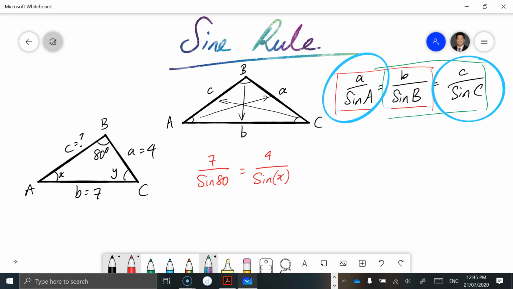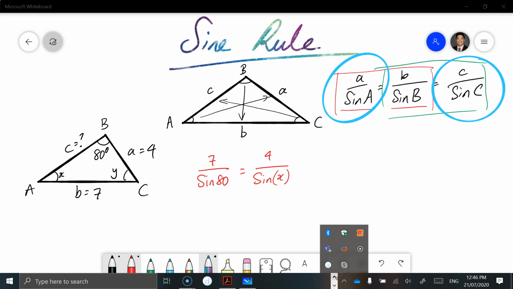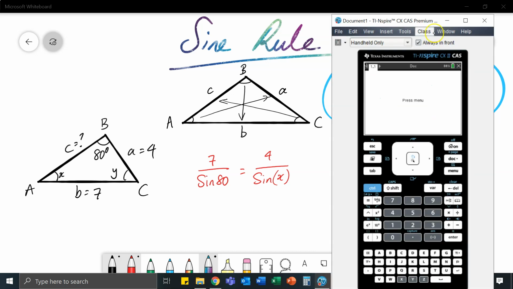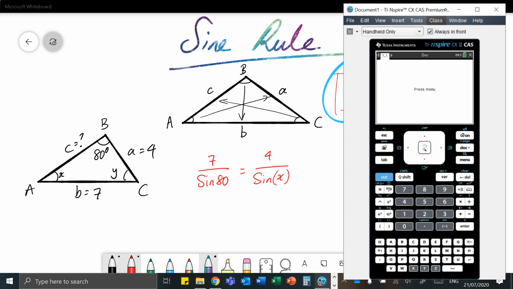Okay, so then let's get your calculator out. Okay, so let's work out what 7 divided by sine 80 is first. So 7 divided by sine of 80 is equal to, and there we go, 7.1.